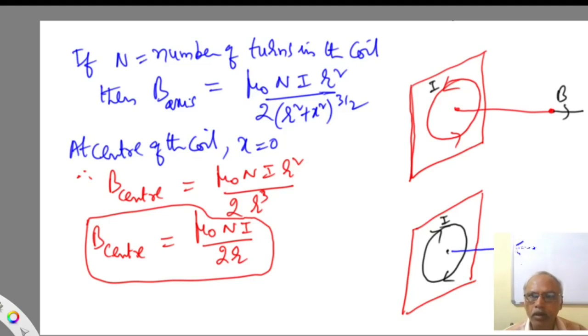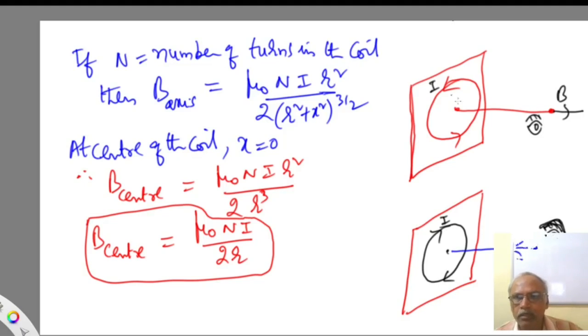Understood? How does the current appear from the right side? If you see the direction of current from here, how does it appear? Is it clockwise or anti-clockwise?